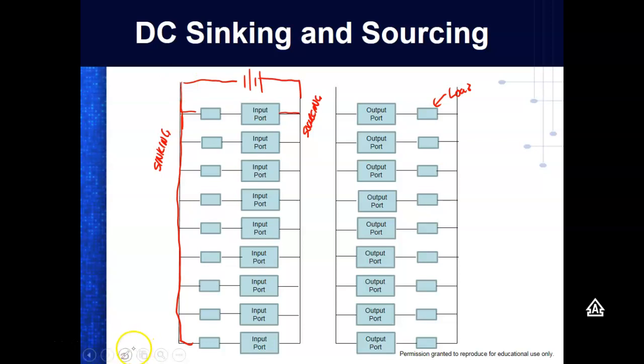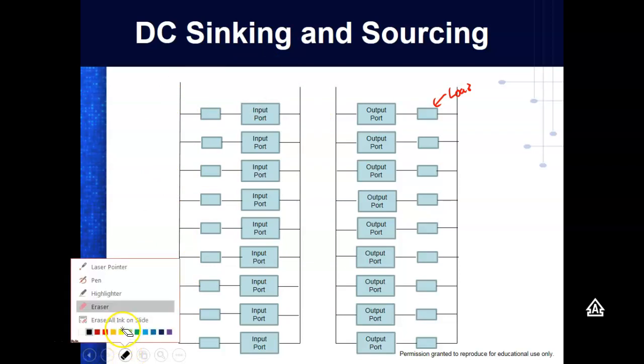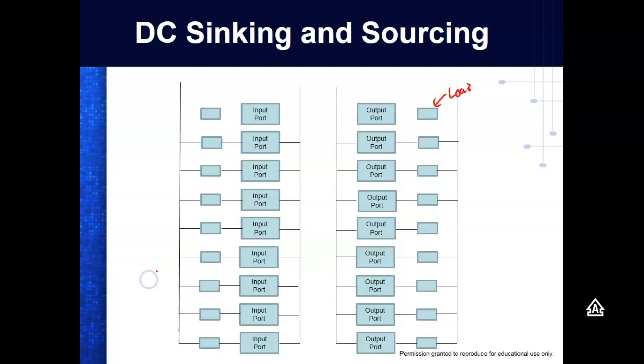So the standard way we do it over here in the good old USA is normally we have a syncing input. So that means the negative points this way, right?